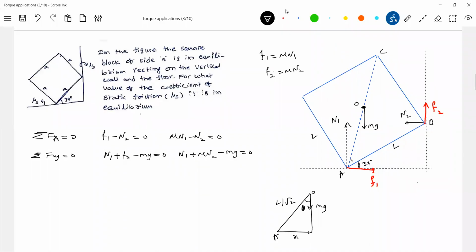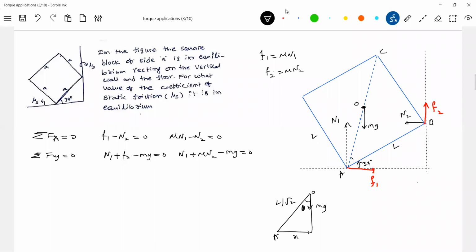So I'll call this some alpha. What is alpha? We don't know alpha. Okay, then I'll go for one more angle.